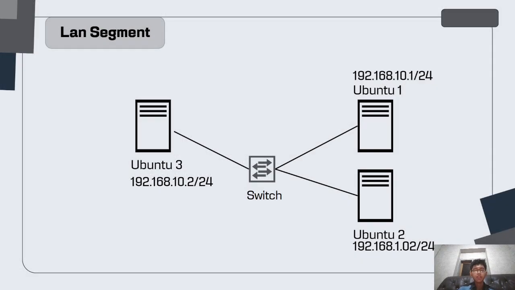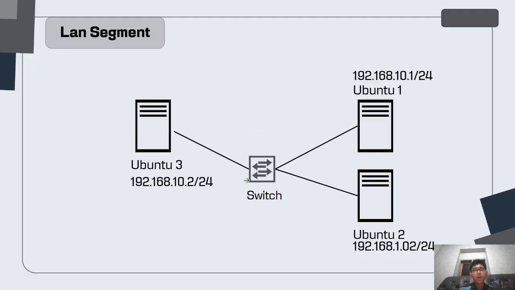And the last feature is the LAN segment or internal network. So for this feature, the IP can only ping to another VM that has the same segment, or is in the one segment, and the IP is set manually, not by DHCP or automatically.